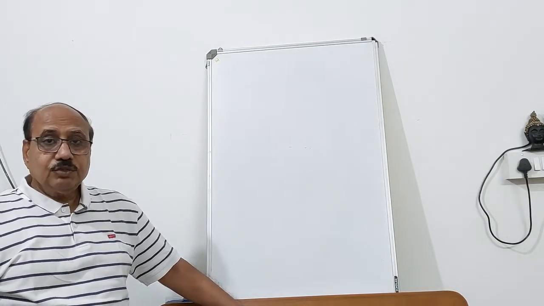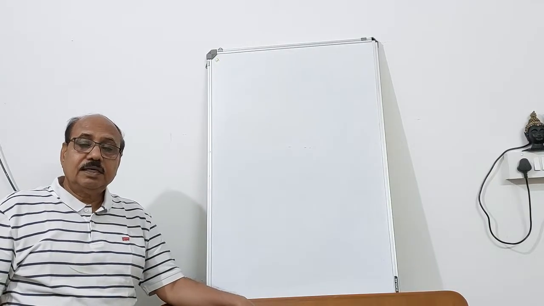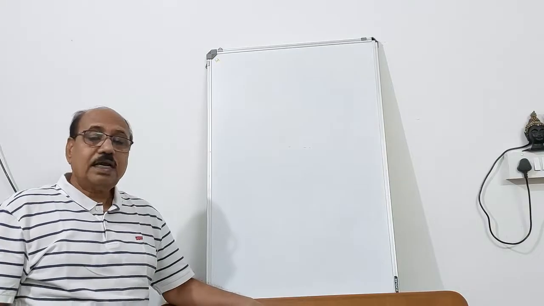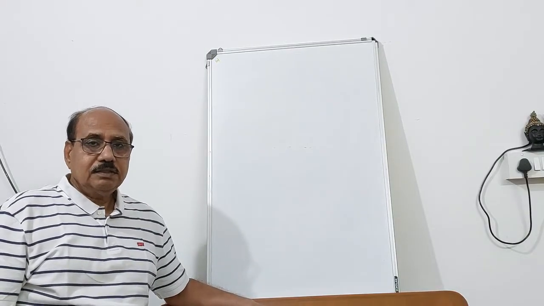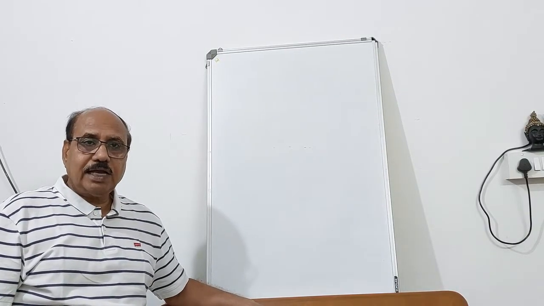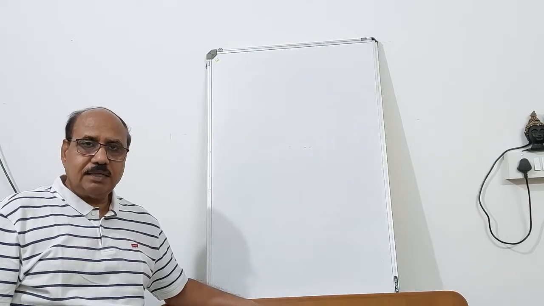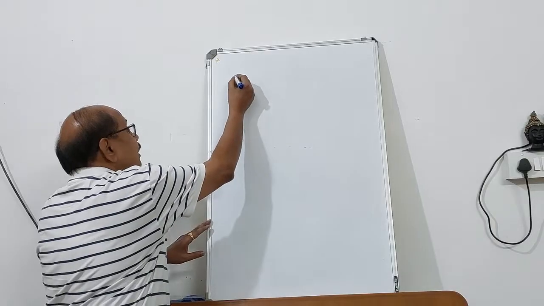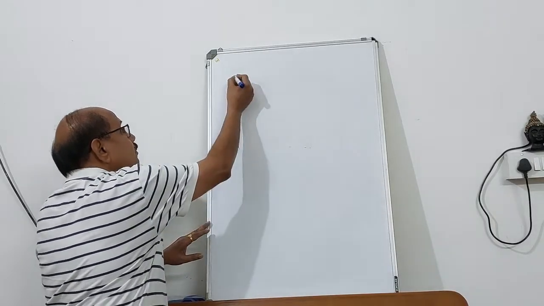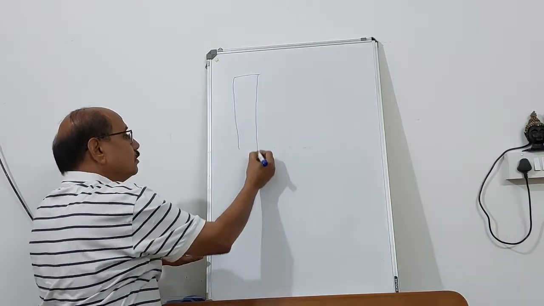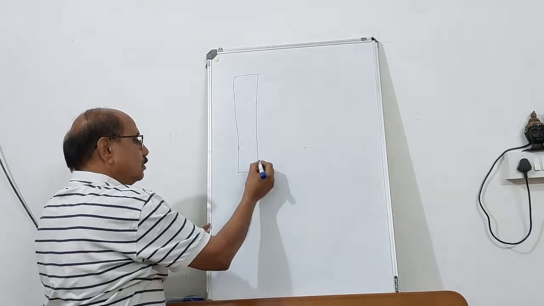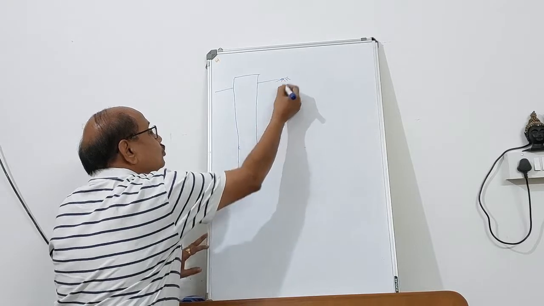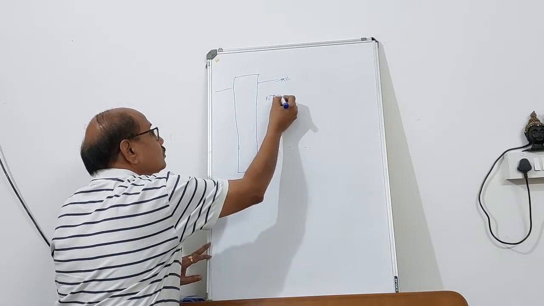Today's video is going to be on a pipe embedded in non-cohesive ground and how to calculate the axial load carrying capacity of a single pipe. So let's say this is a single pipe, which is embedded into non-cohesive ground.